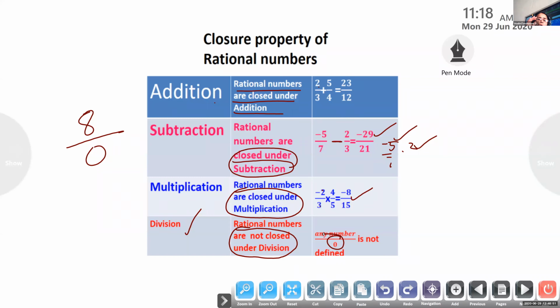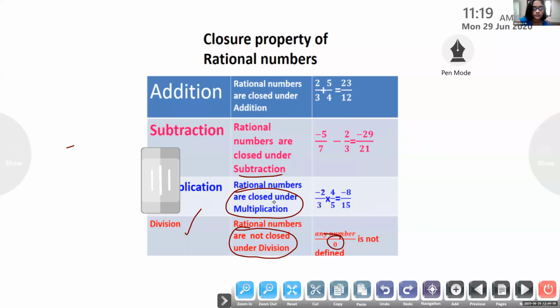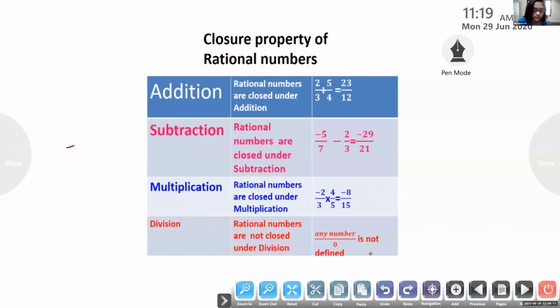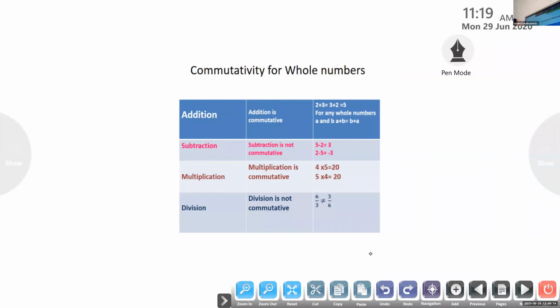So only for division are rational numbers not closed, and for addition, subtraction and multiplication, rational numbers are closed. Shall I move to the next topic? Yes, ma'am.